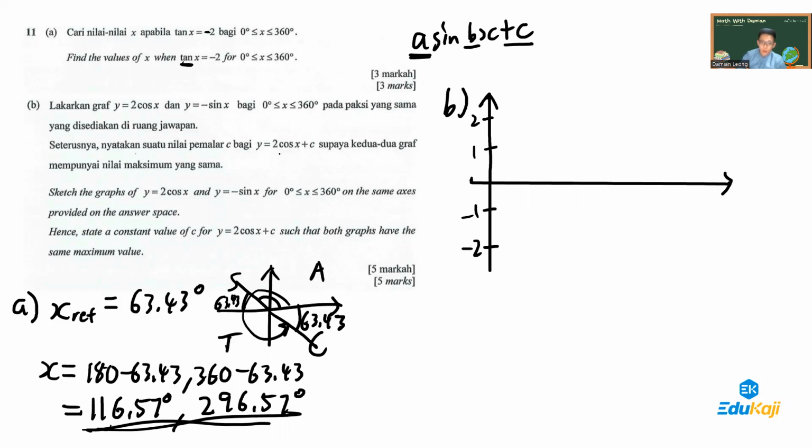So in this case, 2 cos x means double of the height for your cos x. So we just draw a cos x graph. On top, highest is 2, goes down to -2 and go back up.